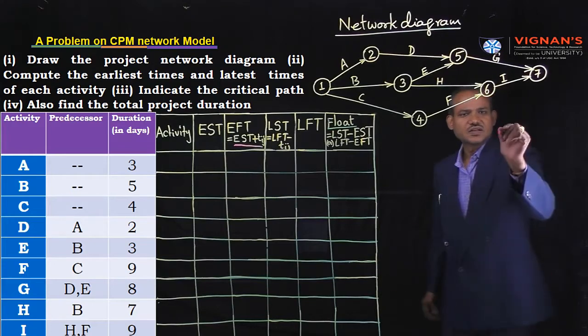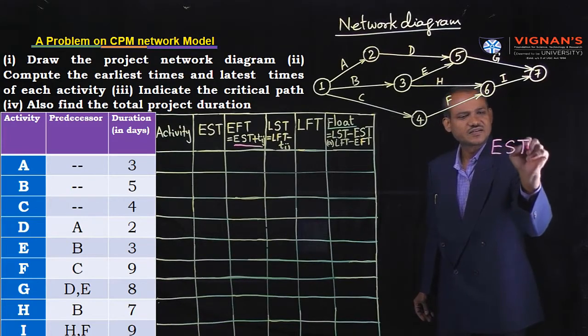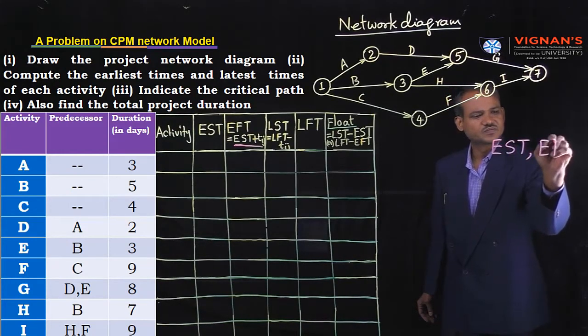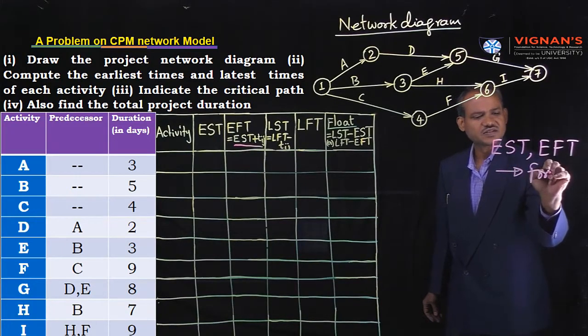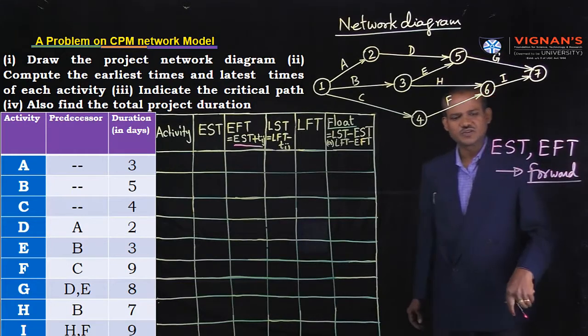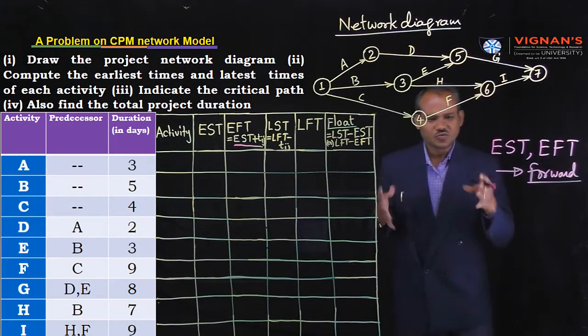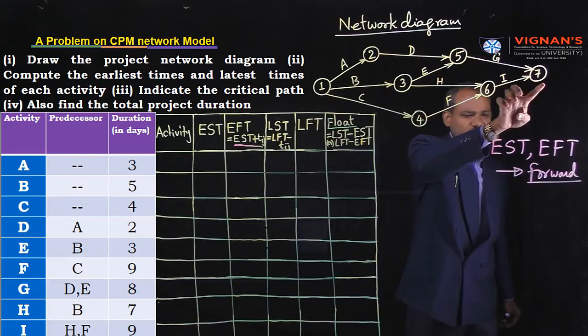Now, first of all, we are going to calculate EST and EFT by using forward pass recursion. Forward pass recursion means we are going to move from event number or node number 1 to node number 7.